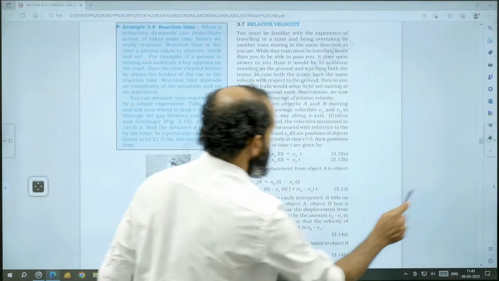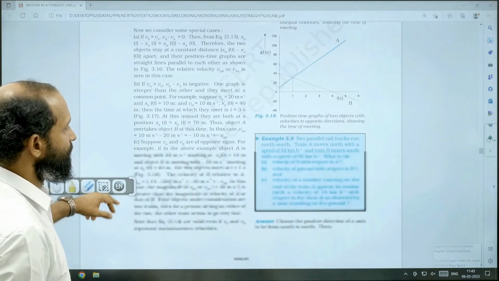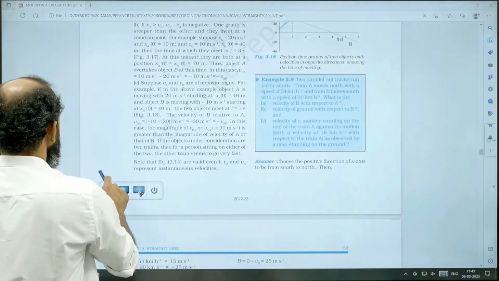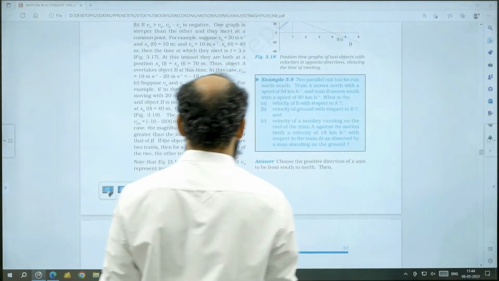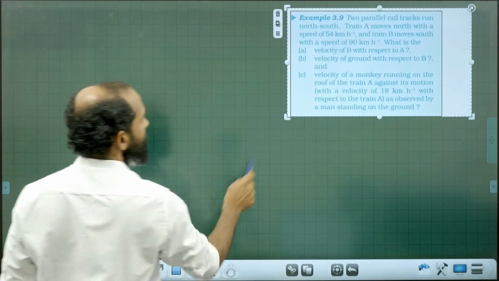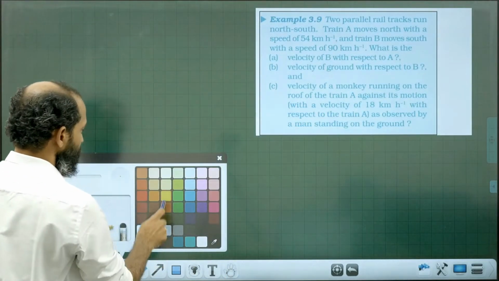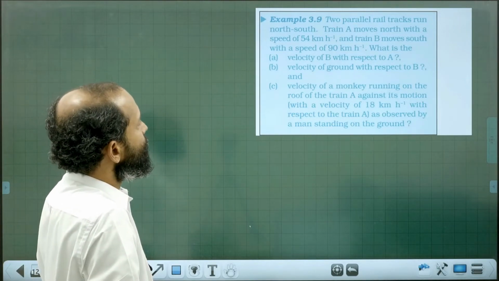We solve a problem which is in NCERT. It's a solved exercise and a very important one. Let me take it on the other page. Two parallel rail tracks run north-south.